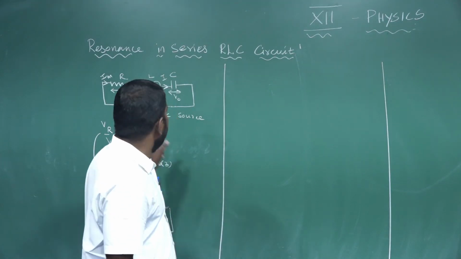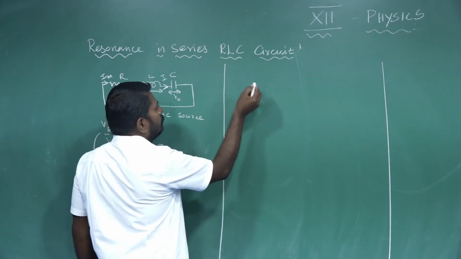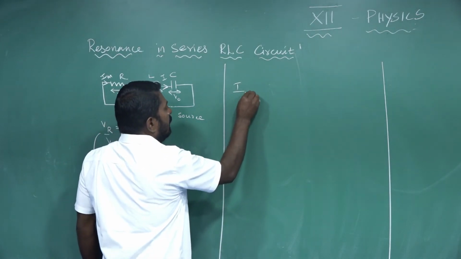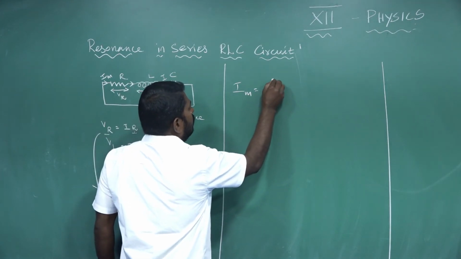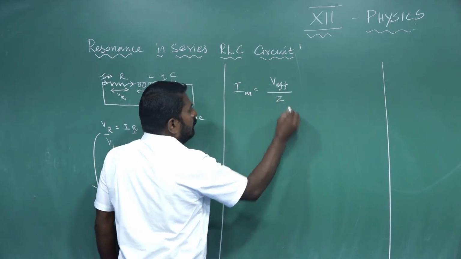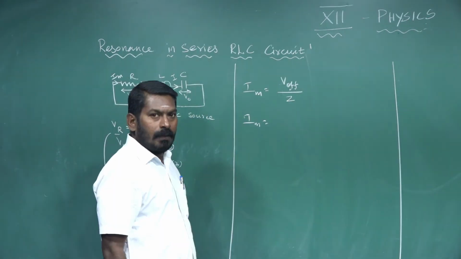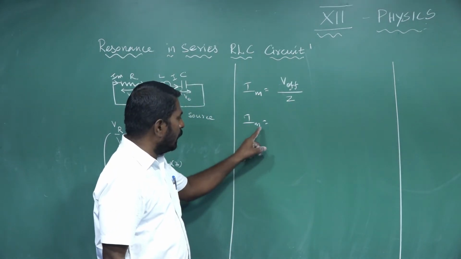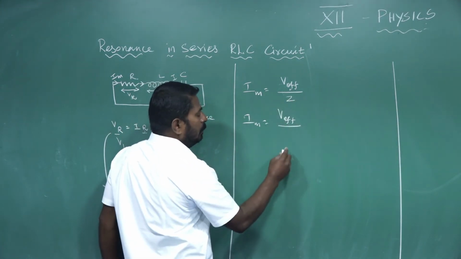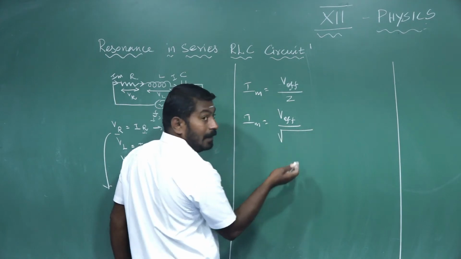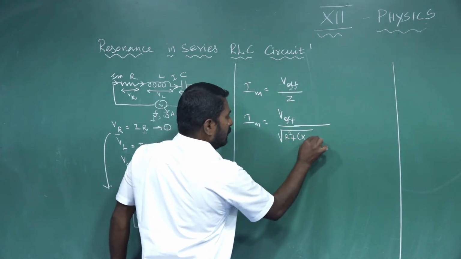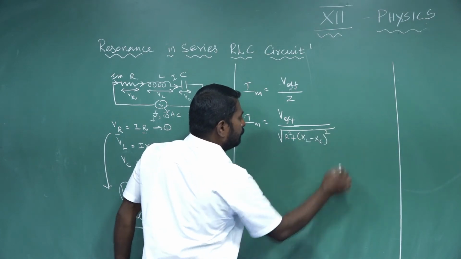So before resonance, the current Im is equal to the effective voltage divided by the impedance of the series RLC circuit, that is, V effective divided by the square root of R square plus XL minus XC whole square.